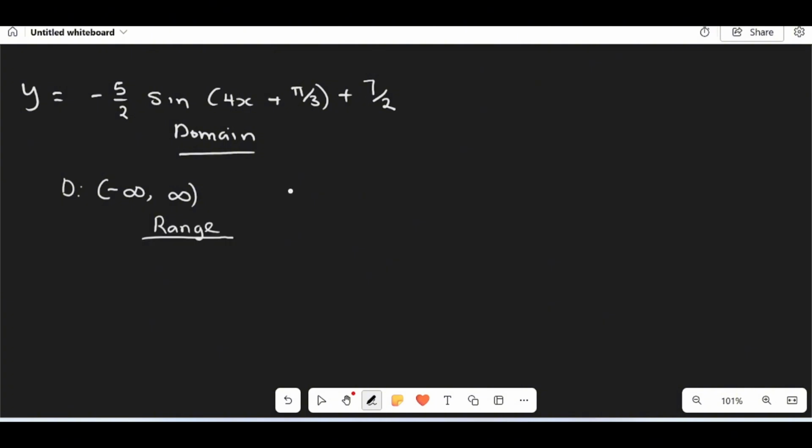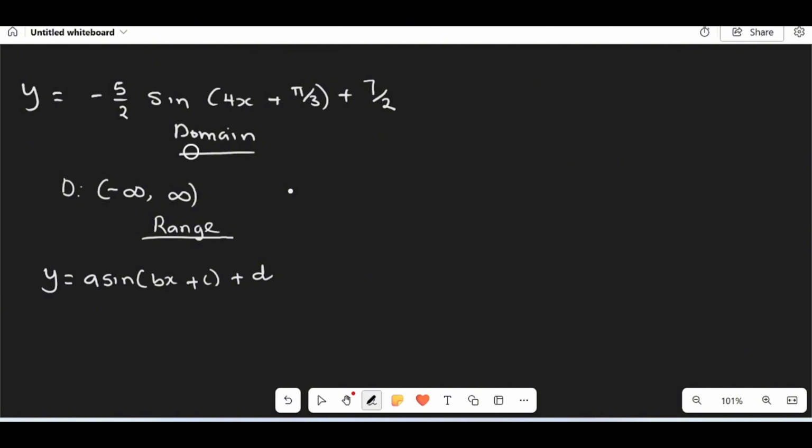Range, the general form of sine function is y equals a sine (bx plus c) plus d.